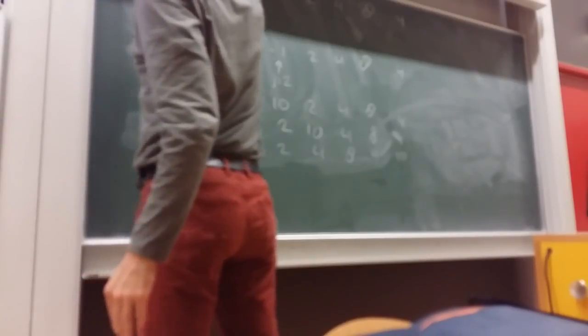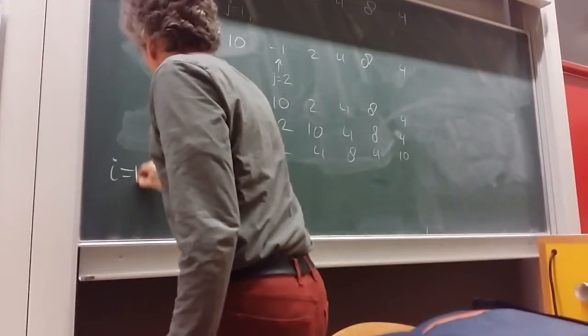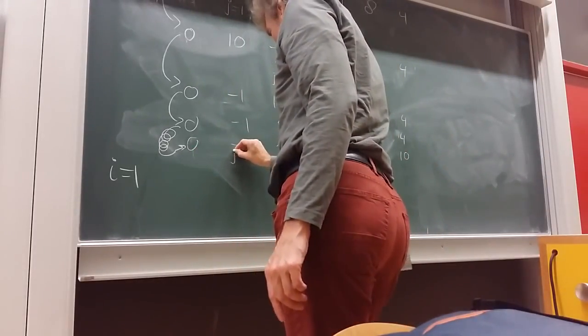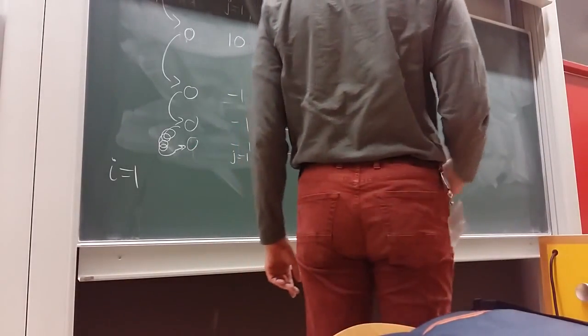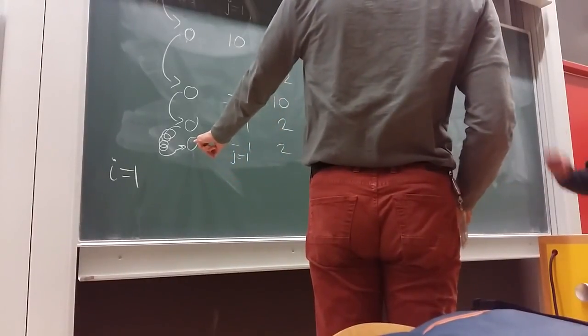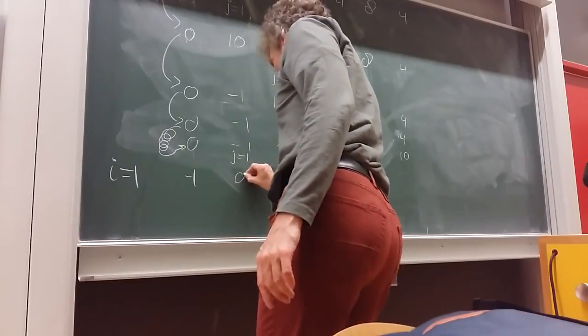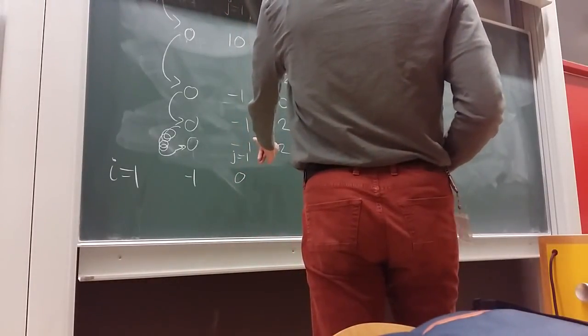Now, then you go to I equals 1. And we start again with J equals 1, and we do it again. So now we say, oh, these two have to swap. Minus 1, 0. These?